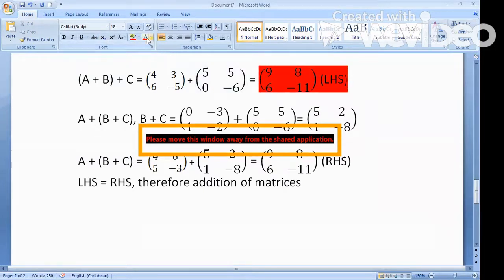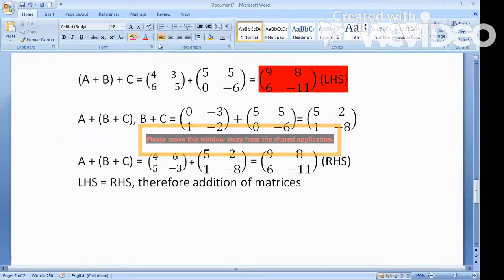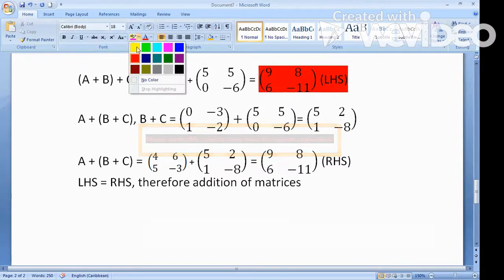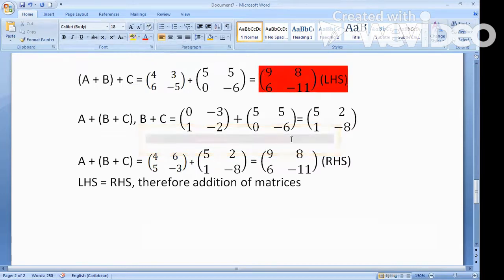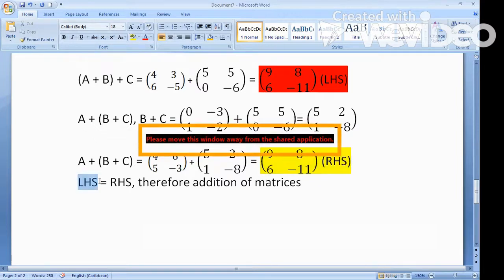You know what? Let me change that color. This is the right hand side. All right, so we notice the left hand side is equal to the right hand side.